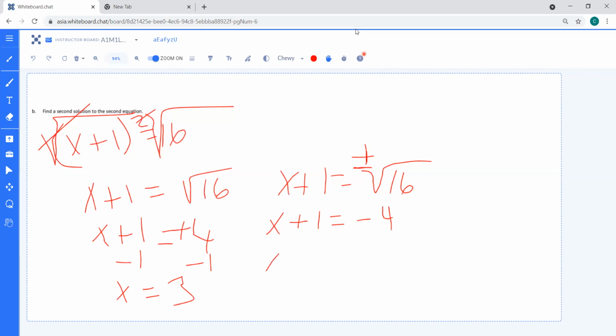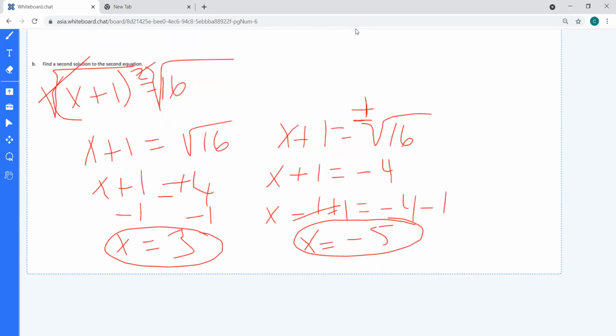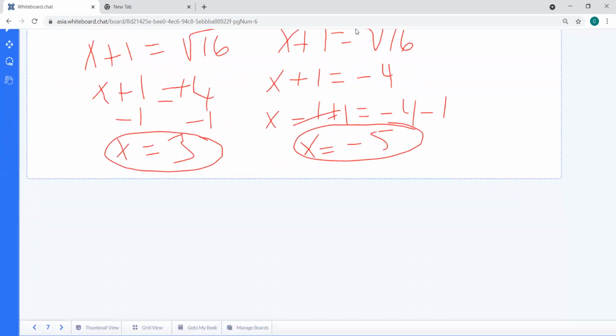So if I was to say x plus 1 is equal to negative 4, I subtract 1 to cancel these out, and I end up with x equals negative 5. So there's your other solution. There was the first solution. Here's the second solution.